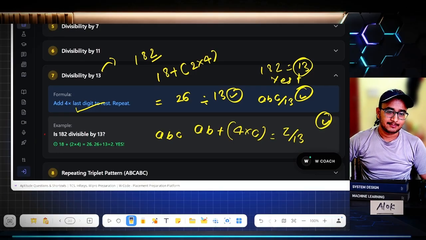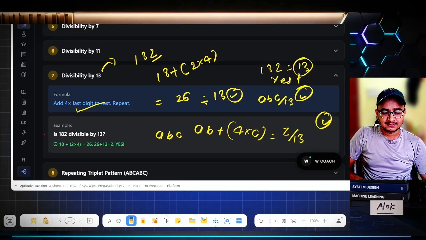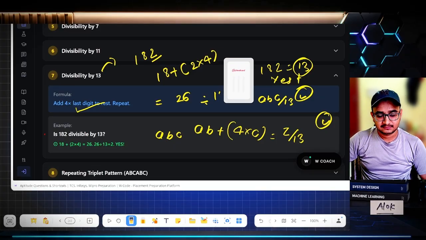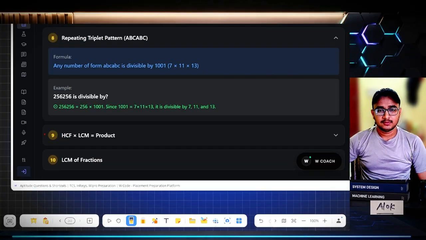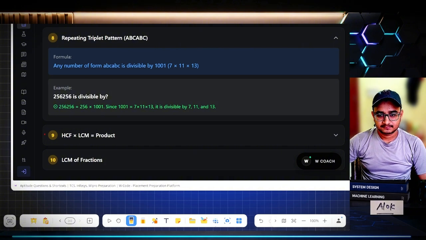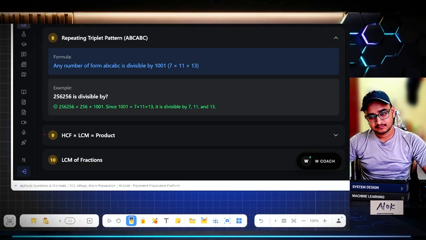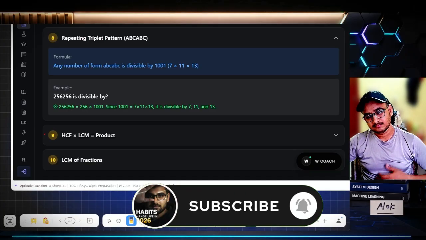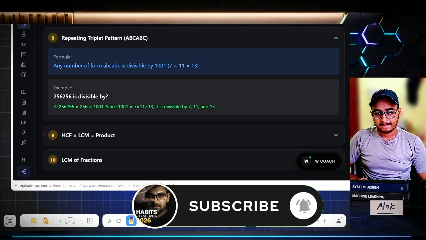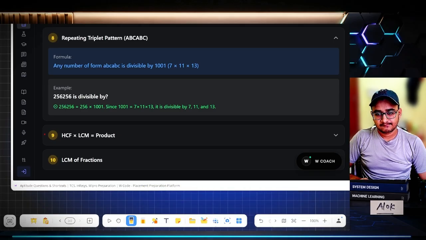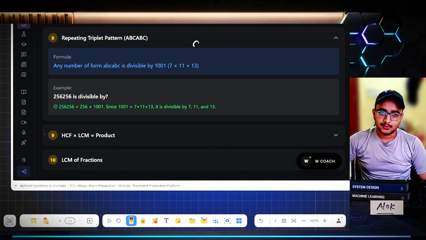Let's understand about the replicating triplet pattern, what it is. Let's understand about the ABC pattern.